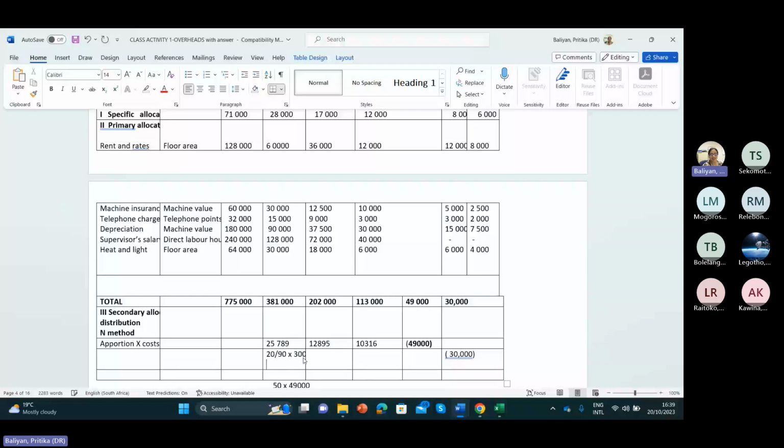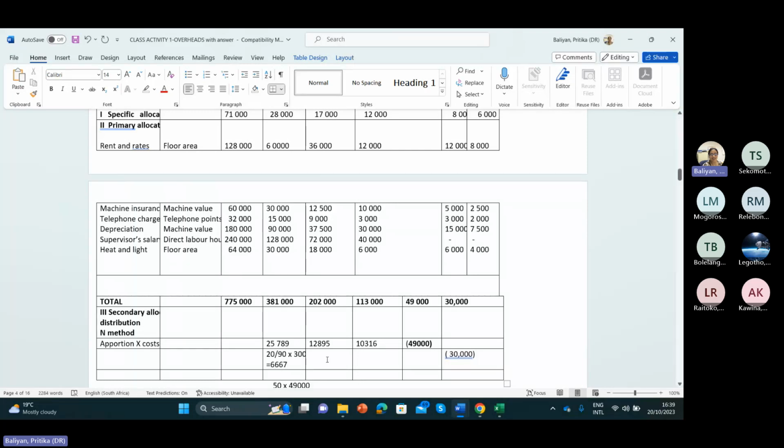Then you will get that figure. So the total cost will be here 6,666. So it will give you the figure of 6,666.66. So you can round off 6,667.